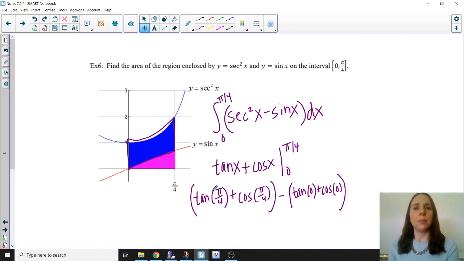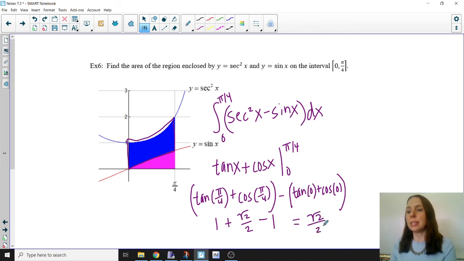Tangent of pi over 4 is 1. That's why I made that weird face. I'm like, do you know that? Tangent of pi over 4 is 1. Cosine of pi over 4 is root 2 over 2. Minus tangent of 0 is 0. Cosine of 0 is not 0, though. It's 1. So our final answer is root 2 over 2. Done.